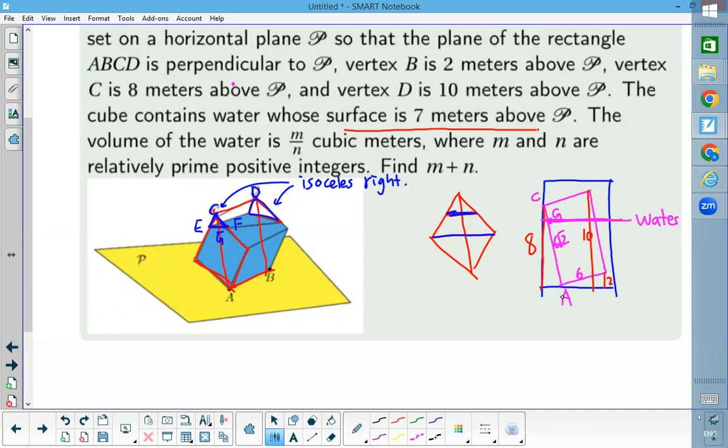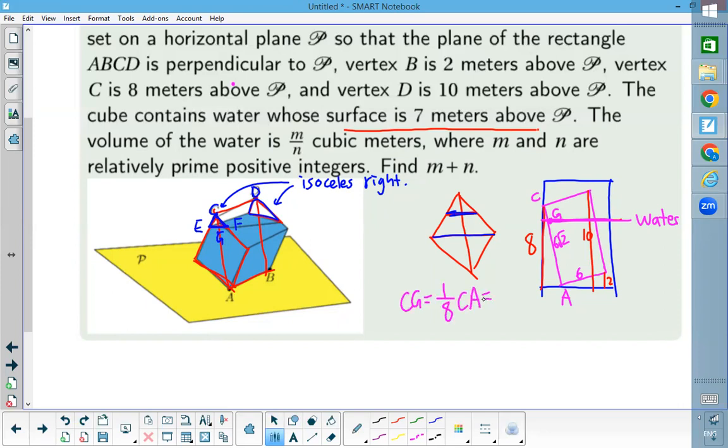You notice that there are two similar triangles, the very smallest triangle and a large right triangle. What are the ratios? It's 1 to 8, because the bottom length is 8, so the top length is 1. So the ratio of these two triangles is 1 to 8. Therefore, CG is equal to 1/8 the length of CA.